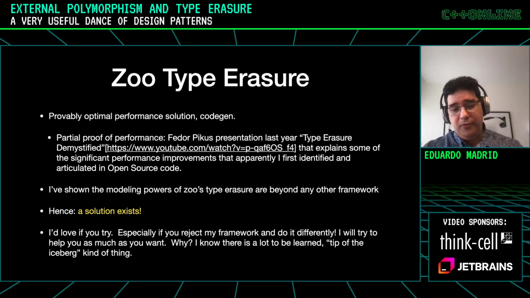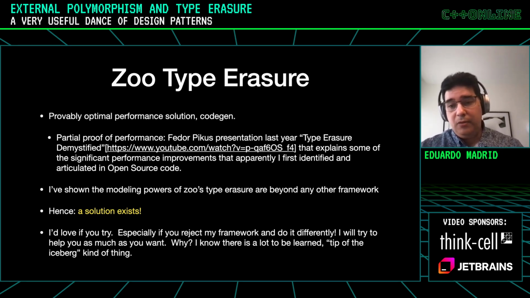A partial proof of these things is you can watch Fedor Pikus's presentation last year, Type Erasure Demystified. He goes over the significant mechanisms for performance preservation or augmentation. But there is much more than what Fedor mentioned.